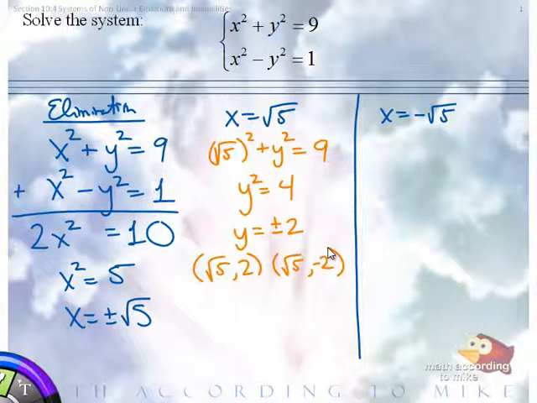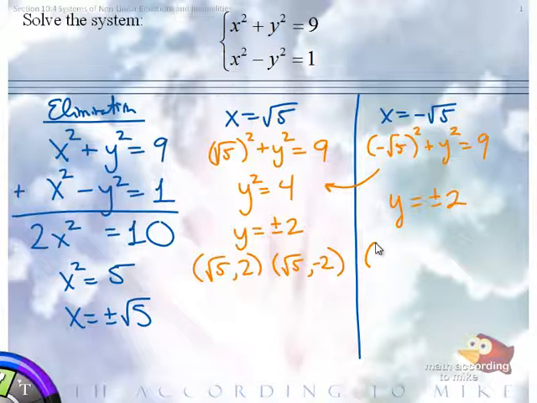One more time, please. We're going to have 4 answers here, yes. The other one, we'll put in negative square root of 5. But notice after this step, it's just like what we did before, because negative square root of 5 squared is positive 5. Subtract both sides. You get y squared equals 4. So we're again going to end up with plus or minus 2 for y.